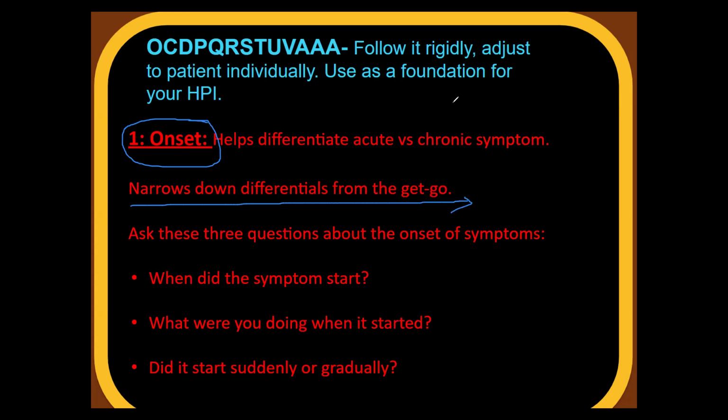Let's say a patient has chest pain. For chest pain, you have multiple systems. It could be from the lungs, from the heart, from the muscles, musculoskeletal chest pain, or it could be from the abdomen or the stomach, or GI. Each one would have a different type of onset.